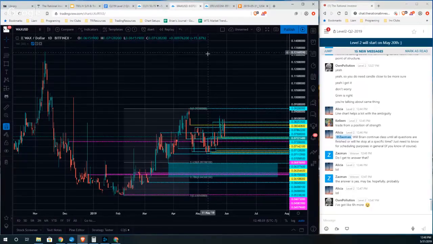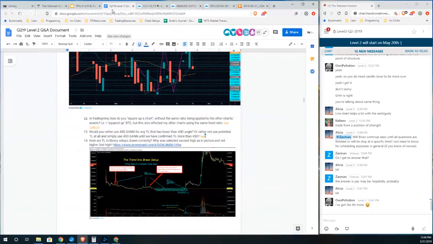You're going to have to go and load up a new chart. There's no way around it that I know of on TradingView yet. Kind of a pain in the butt. I squared up BTC, but this also, yeah, you're right. It does. It sucks. I'm not going to sugarcoat it.